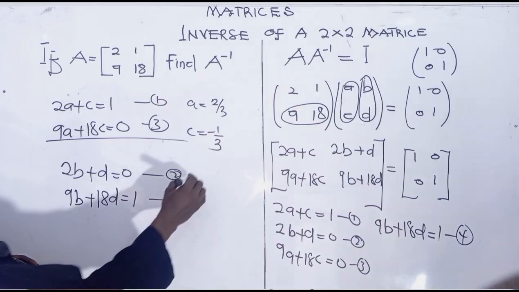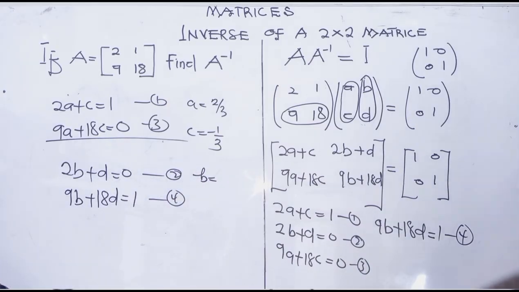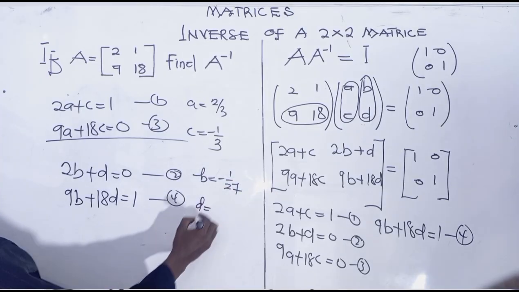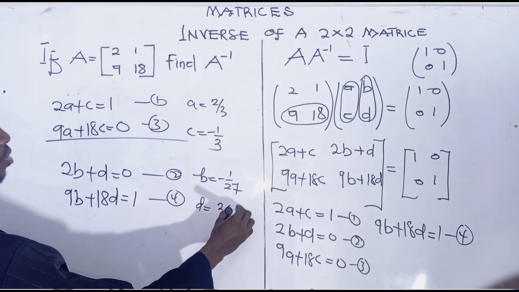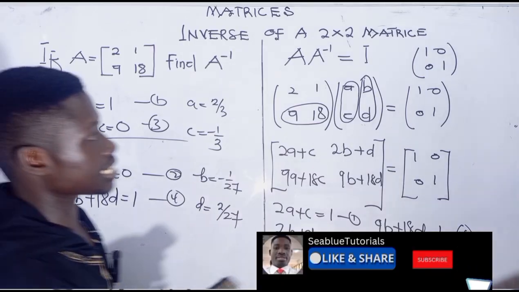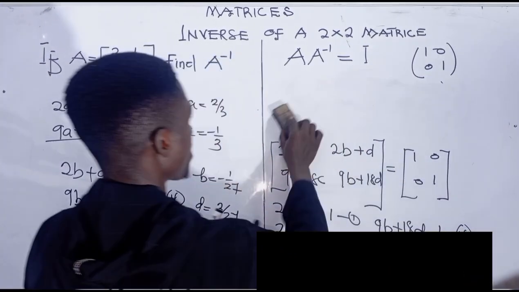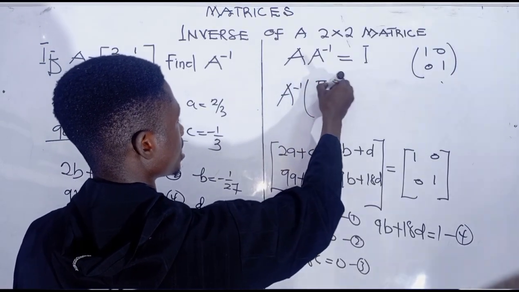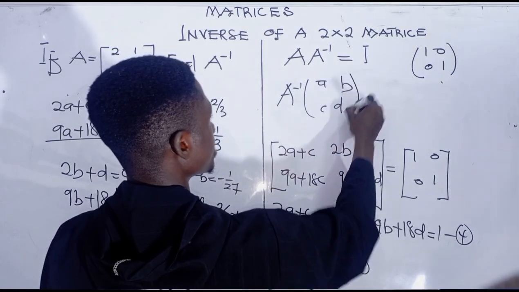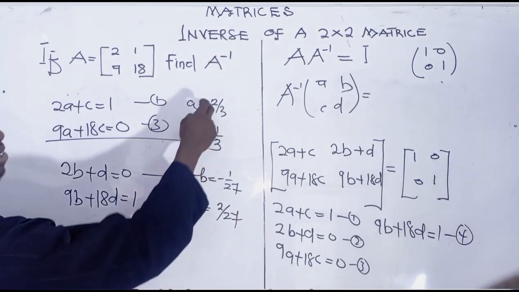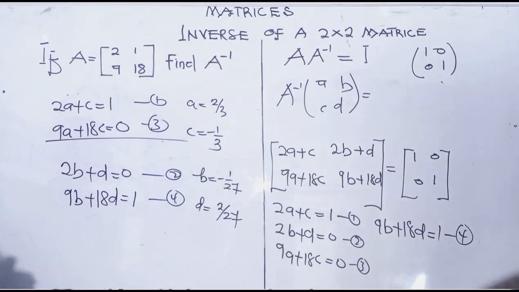And when you do that, you have B equal to -1/27, and D equal to 2/27. So these are the values for these variables. And earlier we said that we are letting the variables A, B, C, and D represent the inverse of matrix A. So we are just going to substitute these values in place of these variables.